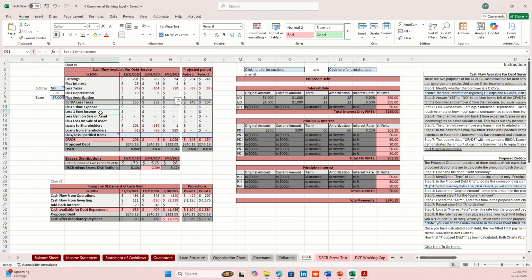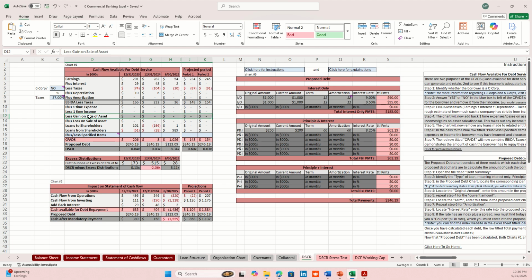Now, less one-time income. It's the same concept. We're going to assume that the company does not always win lawsuits. So we're going to take that money out because it's not normal income. Now, the same with the sale of an asset. The company isn't in the business of selling big giant pieces of machinery. They don't usually sell tractors.